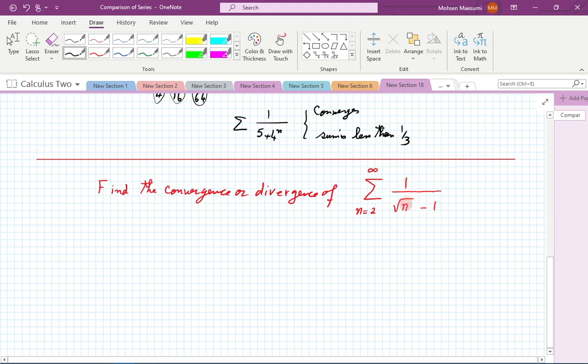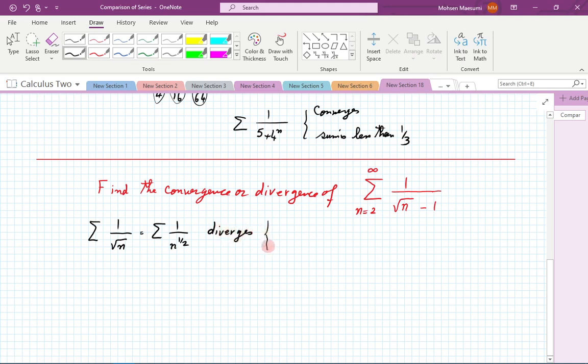The dominating expression is 1 over radical n, and I know from P series that this is a divergent series if I have sum of 1 over radical n, or the sum of 1 over n to the power of 1/2, regardless of where you start it, at 1 or at 2 or something, this thing diverges.